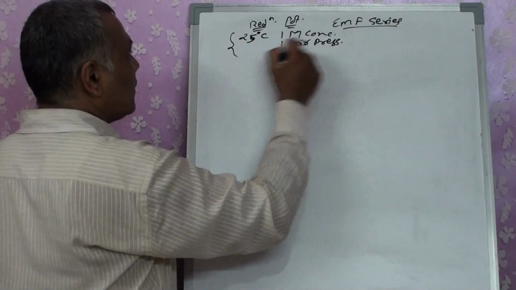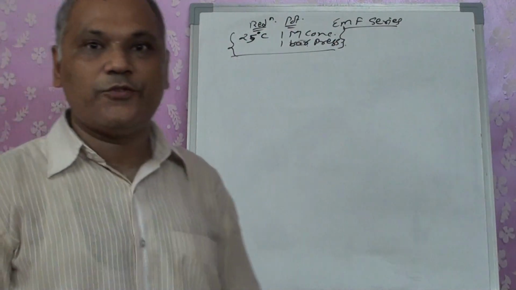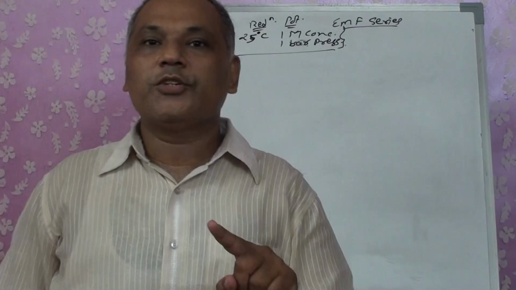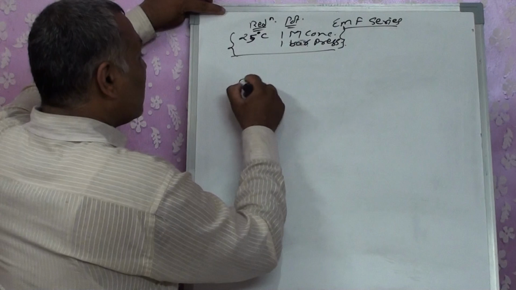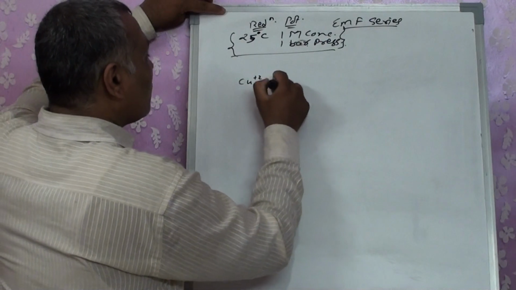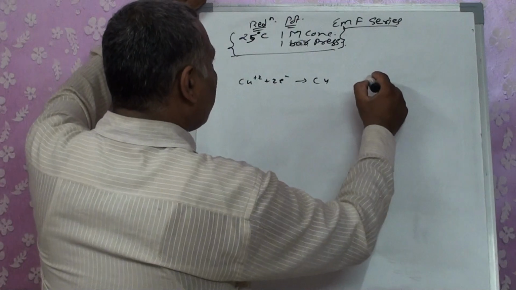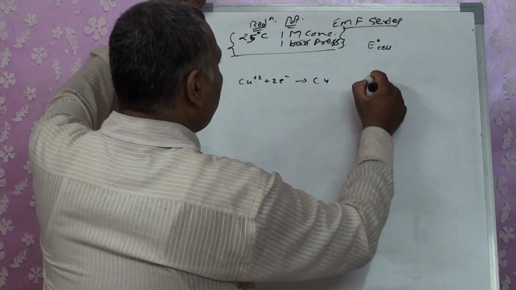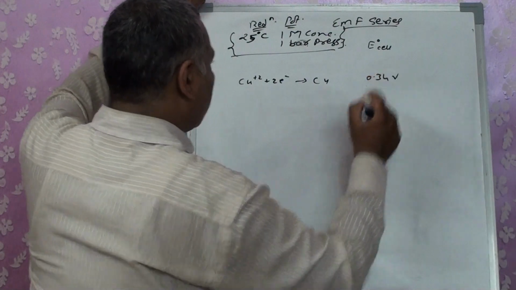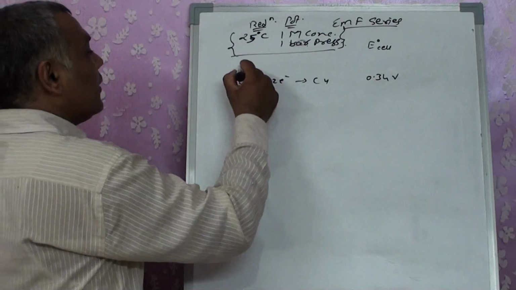It is fixed, so this is under the standard condition only. The series given in your textbook is for standard conditions only. Now, Cu2+ plus 2e- gets converted into Cu, and the potential E naught of the cell is given as 0.34 volt.